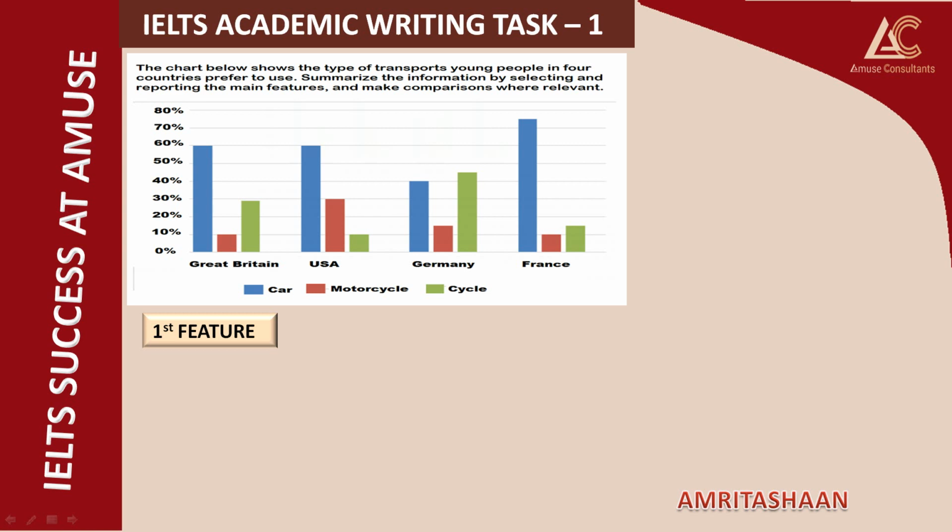In the simple way, you can say that at first glance, it becomes clear that more than 70% youngsters in France had a craze for cars, whereas this figure was lowest in Germany, that is around 40.